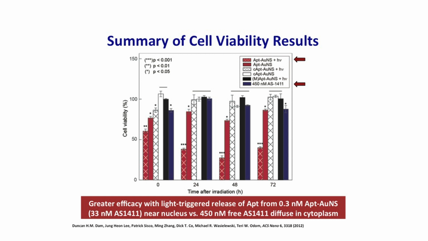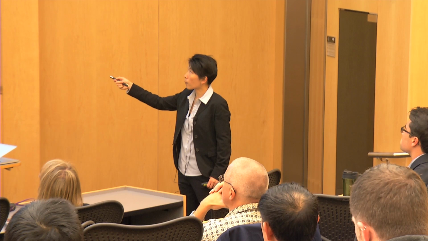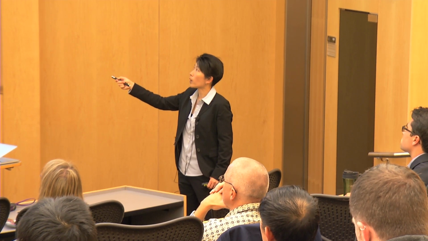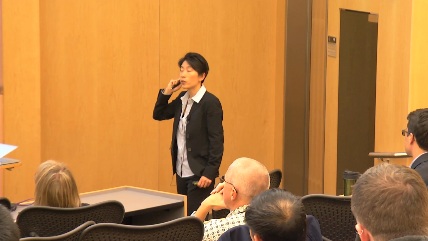So you're releasing the free drug, and then you have massive concentrations of the free drug. I should also mention that in this type of plot, we're only shining light on it once. It's not continuous irradiation. This is just one 2-second irradiation, and then you're looking at the effects immediately after irradiation, 24 hours, 48 hours, and 72 hours later.